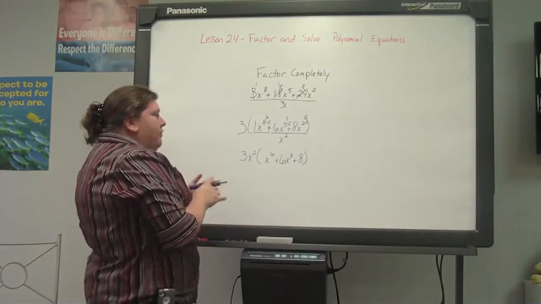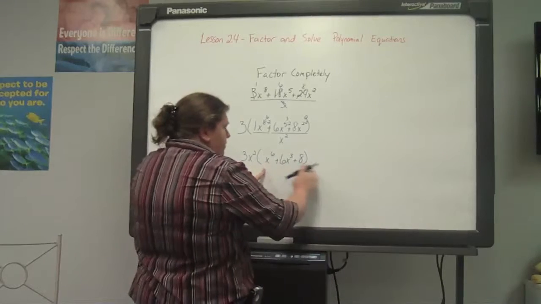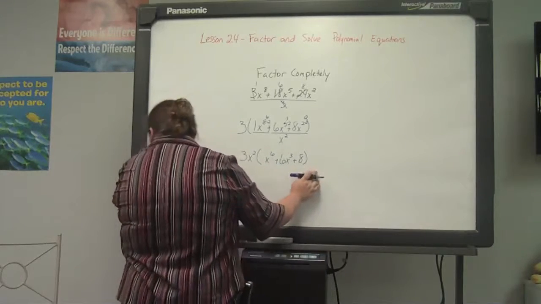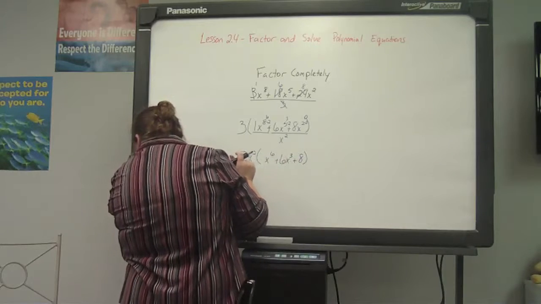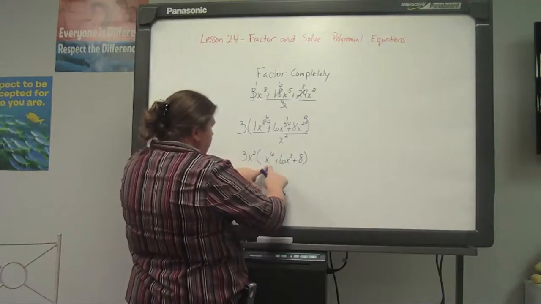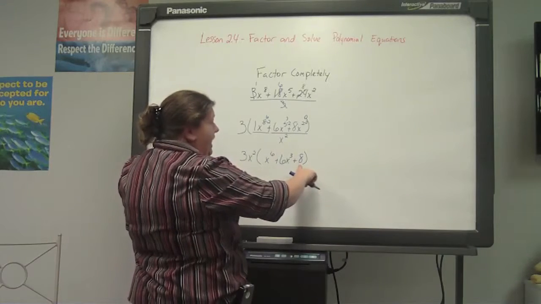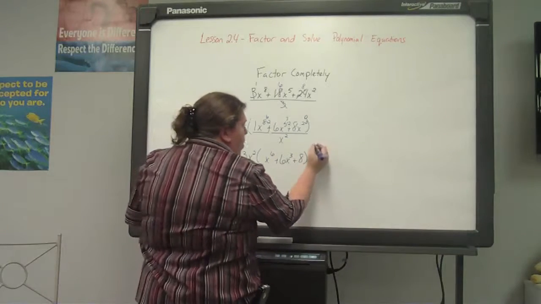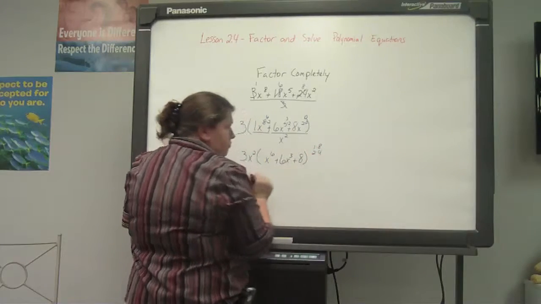Now, what we have to do at this point is look to see if we can factor this out anymore. And what we will do is we'll look and see that the factors of 8 are 1 times 8 and 2 times 4.